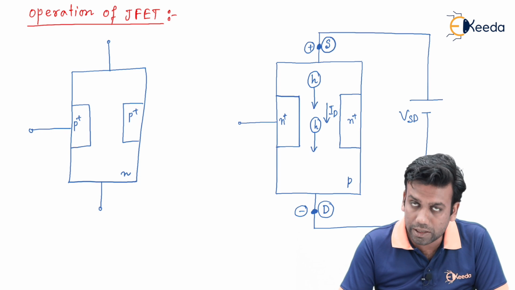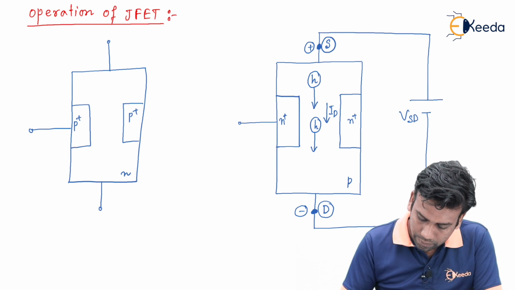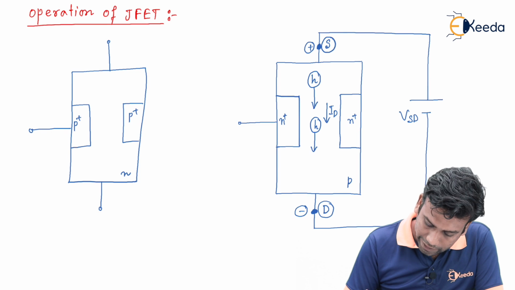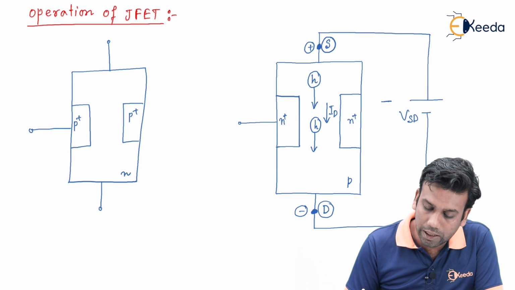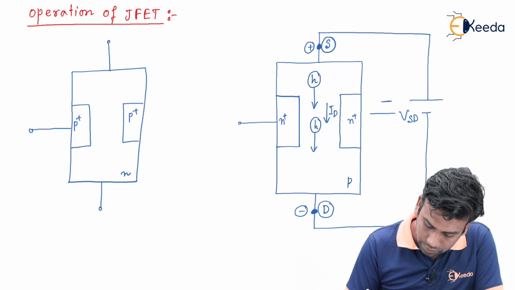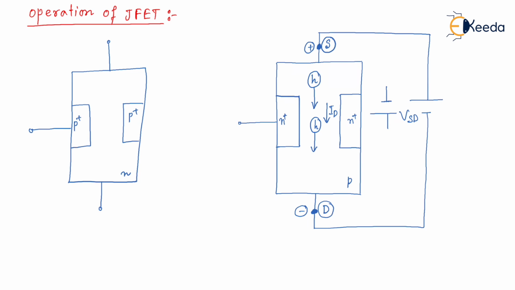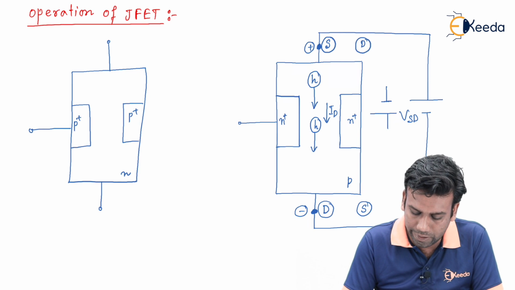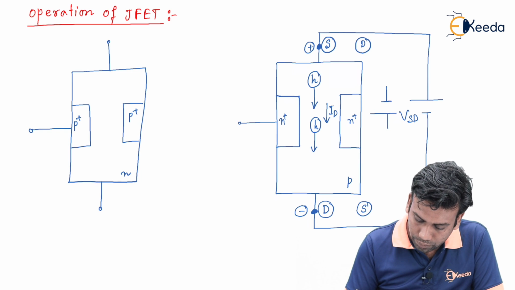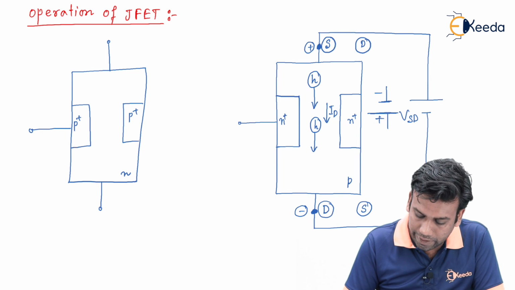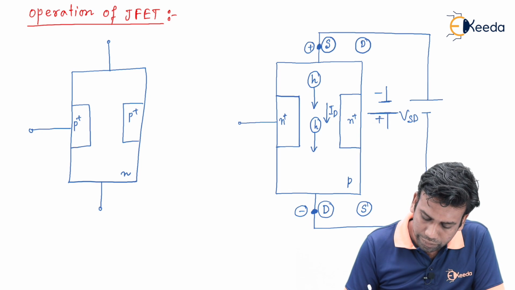Now the source and the drain terminal can be interchangeable if we invert this voltage VSD. Suppose we take negative voltage on the upside and positive voltage on the downside like this, then the source terminal will come at the bottom and the drain terminal will come at the upward section, because when we have inverted the voltage like this, the holes will move in the upward direction.